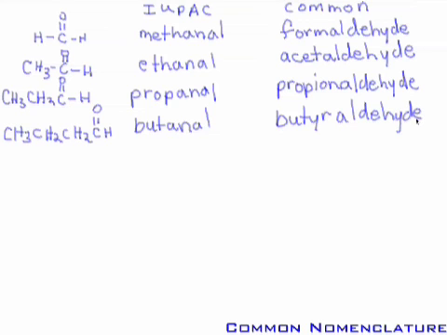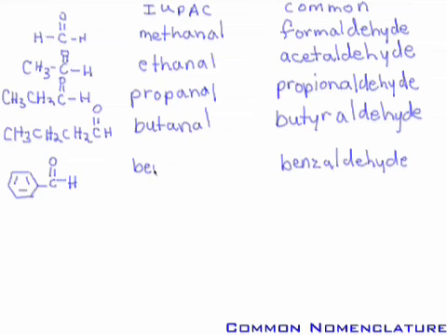Butyraldehyde. And lastly, there are instances where IUPAC methodology of nomenclature has given way to accepting the common name. In this case, the common name, benzaldehyde, has been adopted by IUPAC. And the common name, benzaldehyde, is also the IUPAC name.